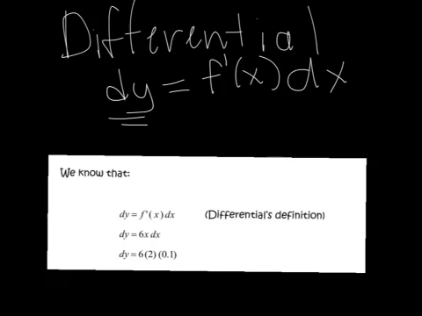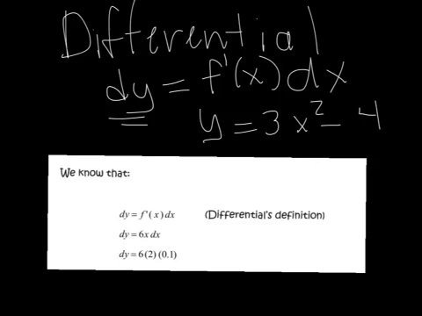Now, the function was y equals 3x squared minus 4. So the derivative of 3x squared minus 4 equals 6x. And we have that 6x over here, 6x times the differential of x.